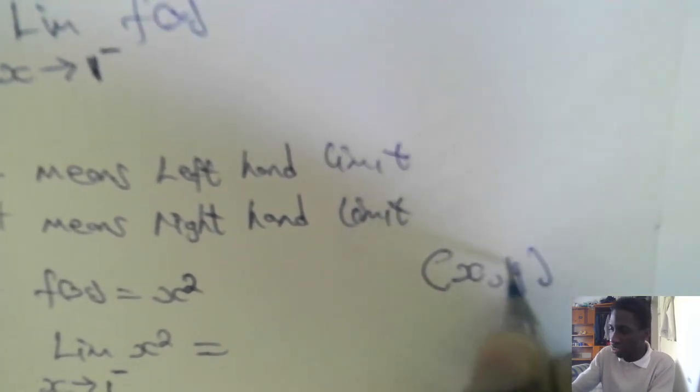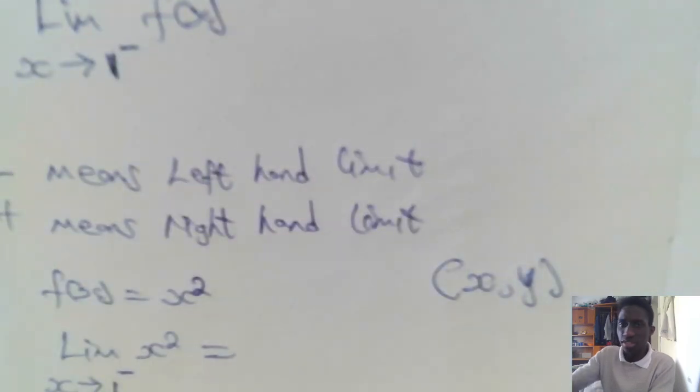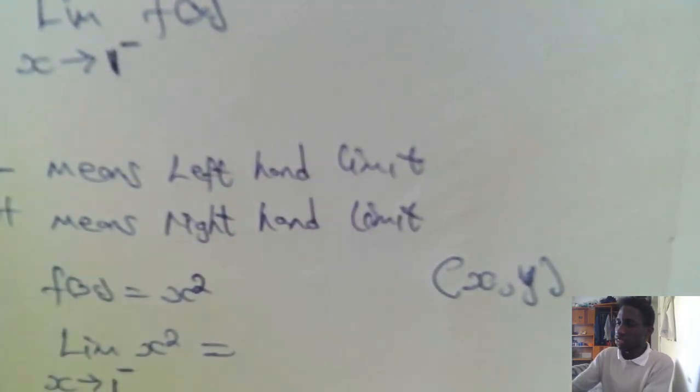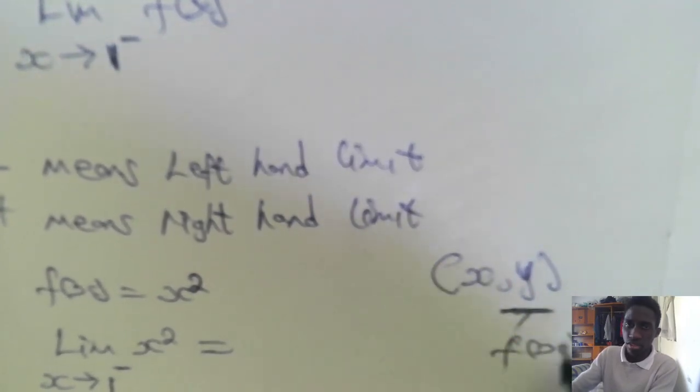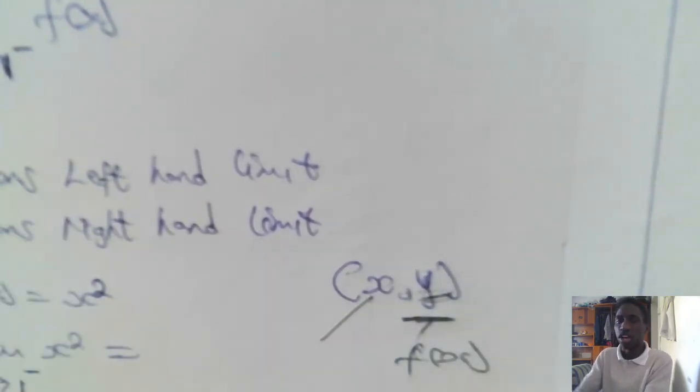The one over here is the one we're looking at. This is the values of f of x, while this one is the x value. This part will be approaching 1. So look how this part should be approaching 1. And then we want to find out what this is. So take note of that.